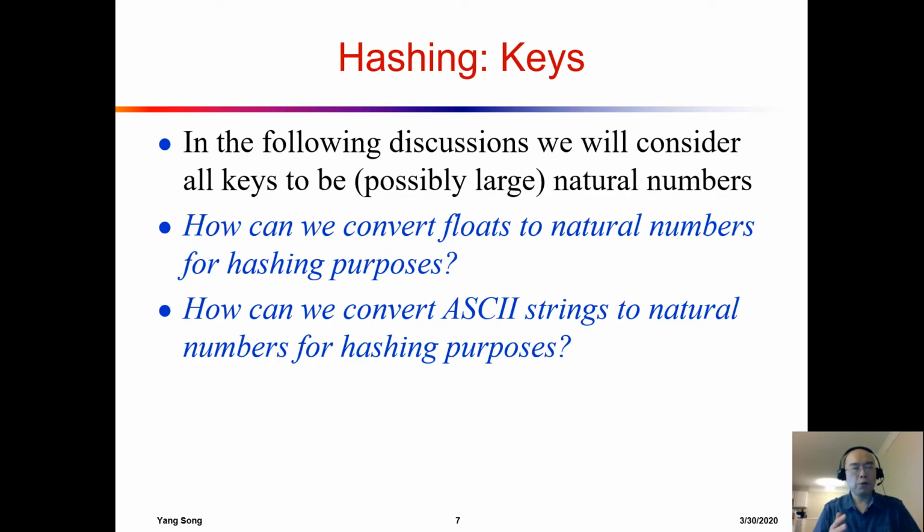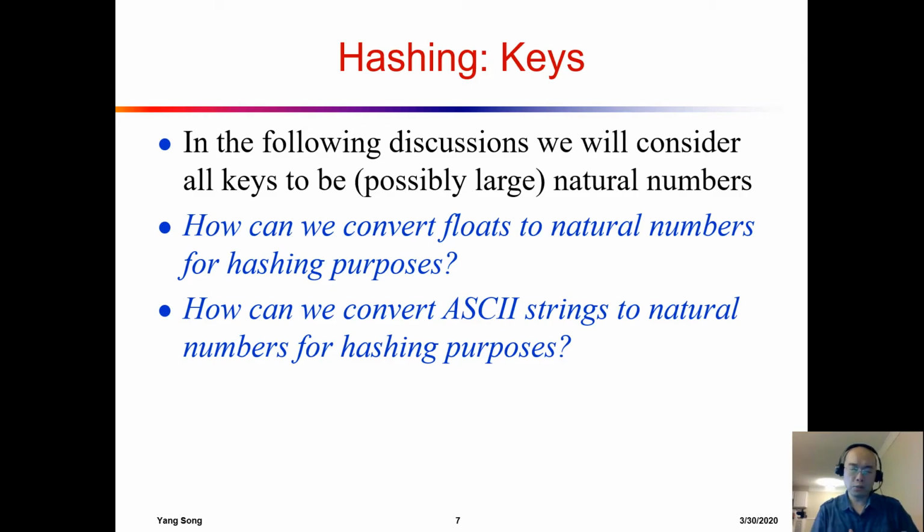Or if you want to do this a little bit harder, you can keep the first n digits. Let's say we set n as 4. For 12.4, if we keep the first 4 digits, it will be 1, 2, 4, 0. So we are changing that to 1240, which is again a natural number.